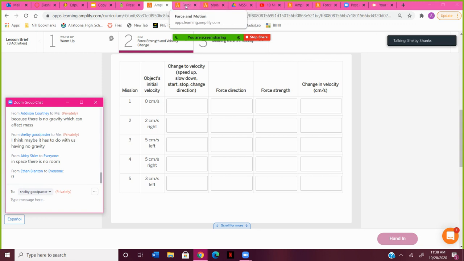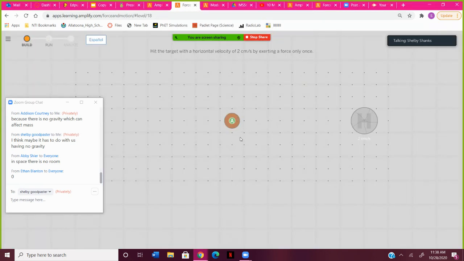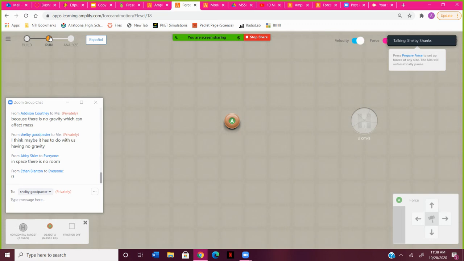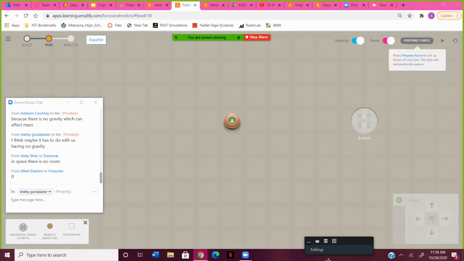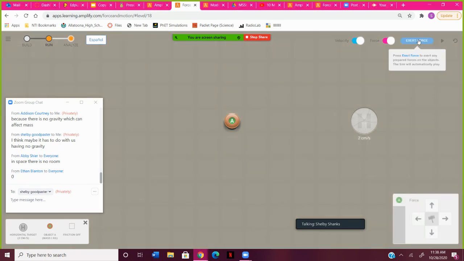Okay, so I'm going to go back to my simulation. This object is not moving. So the next thing I want to do after I'm in the correct mission, I want to click run. All right, after I click run, my goal was to hit this target at 2 centimeters per second. Okay, so what I want to do is I want to prepare my force. Okay, so you've got prepare force up here at the top right. Once I prepare my force, this bottom right is going to show me some arrows.